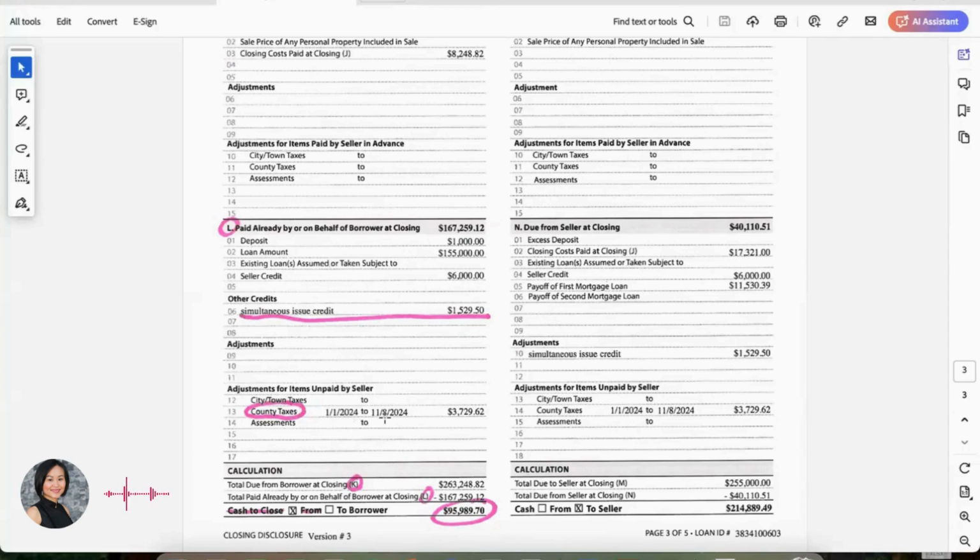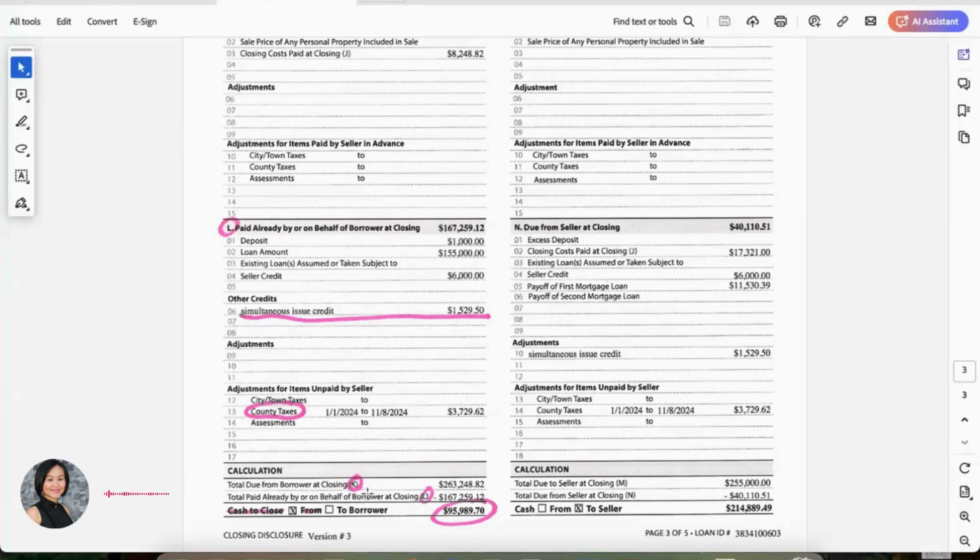The bill comes out January 2025. So the seller has the credit on here so that they can walk out of the closing room and they don't owe any money. Okay, so they credit you this amount. And so you have this total, which is 167, after all the credits paid by other parties.